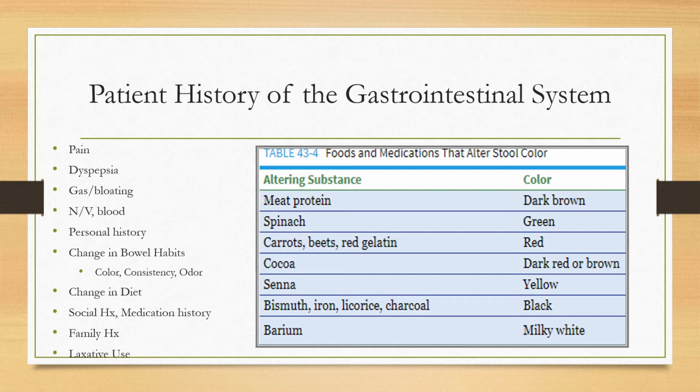Spinach can turn your stools green. The one that really turns your stools red is beets. Okay, that one is notorious for turning your stools red. Cocoa, okay, dark brown, that kind of makes sense. I'll skip senna. Senna is a laxative.